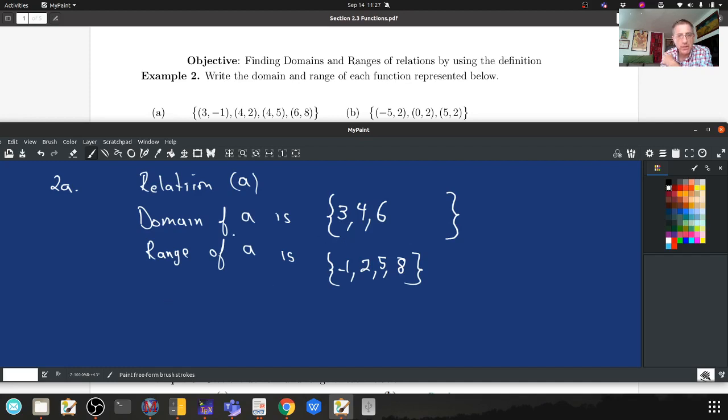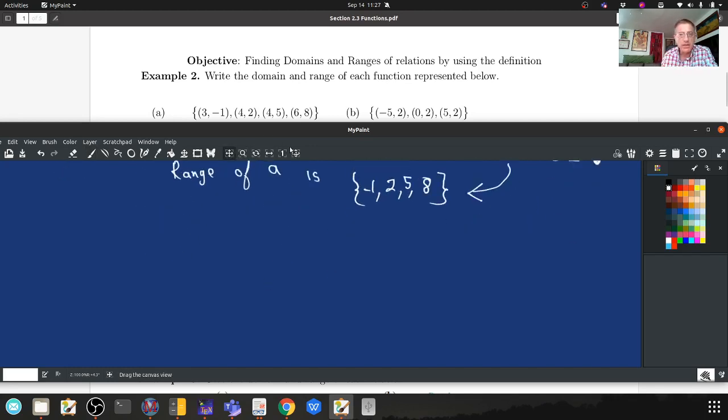So notice that there's more elements in the range than there is in the domain. That's okay. What we cannot have is just the reverse. There cannot be more elements in the domain than in the range and it be a function.